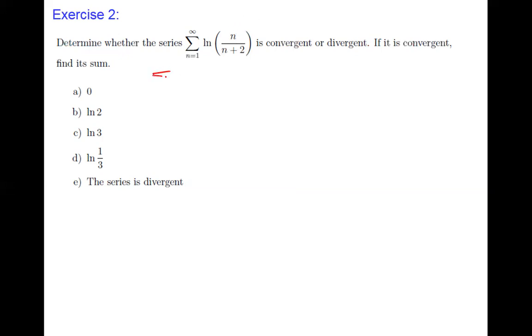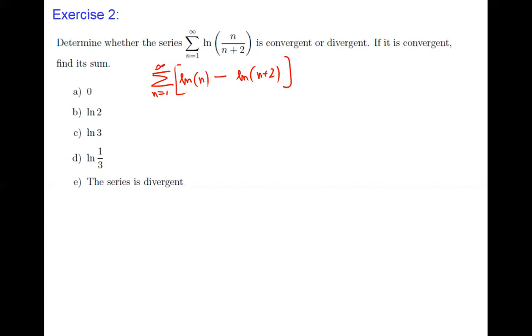Let's rewrite the given series as the natural log of n minus the natural log of n plus 2. That means n and n plus 2, ln of n, ln of n plus 2, are terms from the same sequence.